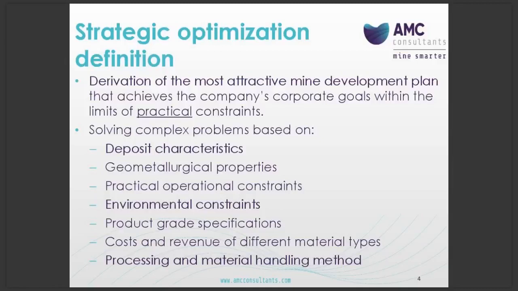You've got operational constraints, which impact on the sequencing and the rate of advance of pushbacks. Environmental constraints, which can dictate, for example, your waste dumping strategy. You've got product grade specification, cost and revenue for different material types, and processing and material handling methods.